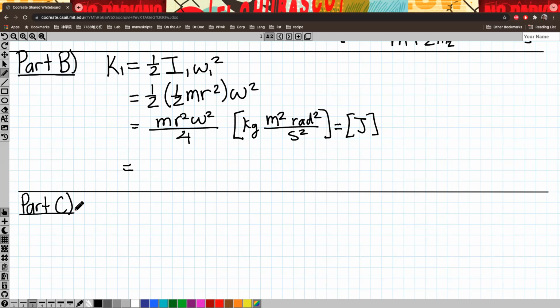Okay. So the mass of the turntable was 120. So 120 times 2 meters squared, which will be 4, times 3.3 squared, all divided by 4. So it's 1,306.8. Yep. So 1.31 times 10 to the 3 joules. Good. Okay. All right, part C, final kinetic energy.